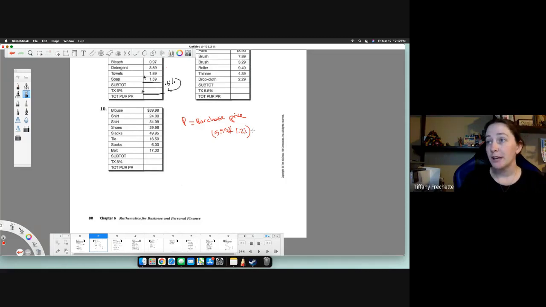We're going to need to multiply that by the purchase price because that was added into our total purchase price. And then we're going to need to add our purchase price to that. So remember, subtotal plus tax. We're doing the same thing on this one. Here's our subtotal, our purchase price, and then our tax is our tax rate times our subtotal.